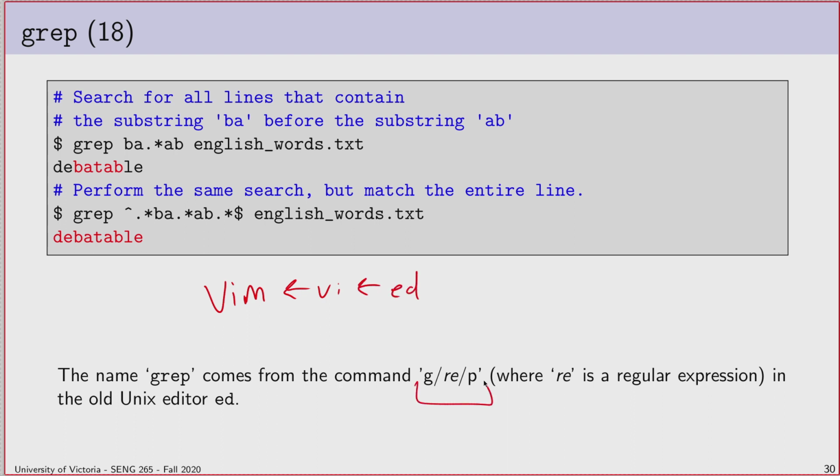In the old Unix editor ed, if you wanted to use a regular expression to search for something, you would run this command, g, then a slash, then the regular expression you care about, and then slash p. That would print out all instances of that regular expression in your file. And it turns out you can still do that. In vim, you could run that command if you wanted to, because vim has inherited that set of commands.